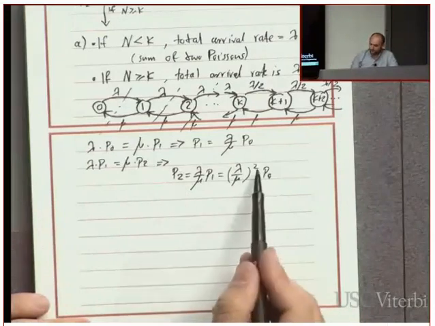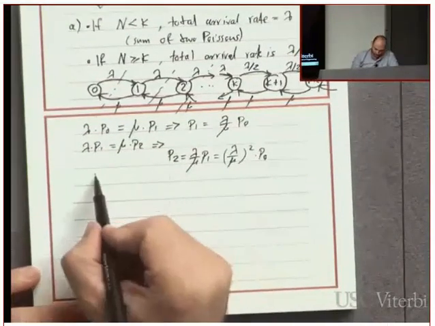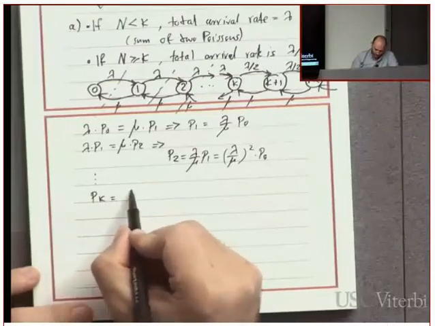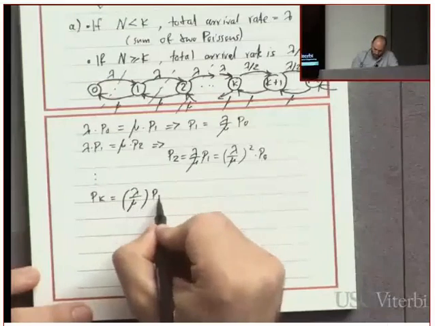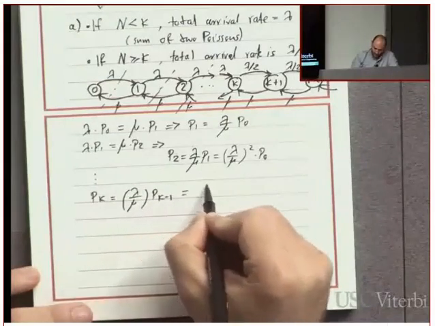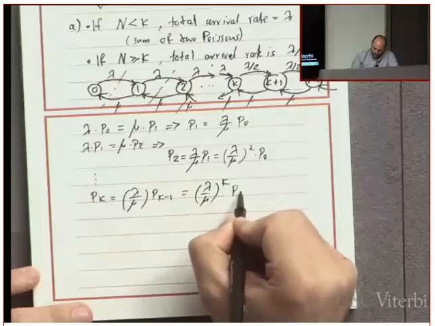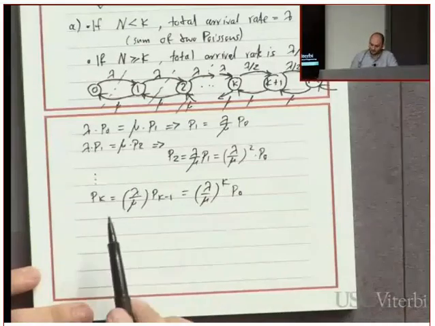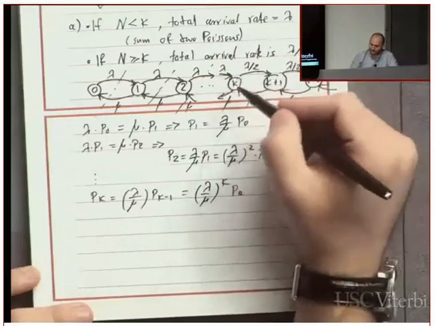We have 2 in the exponent here. So we generalize: Pk is equal to lambda over mu Pk minus 1, and this is equal to lambda over mu to the power of k P0. Okay? That's all the probabilities, the balance equations till state k.